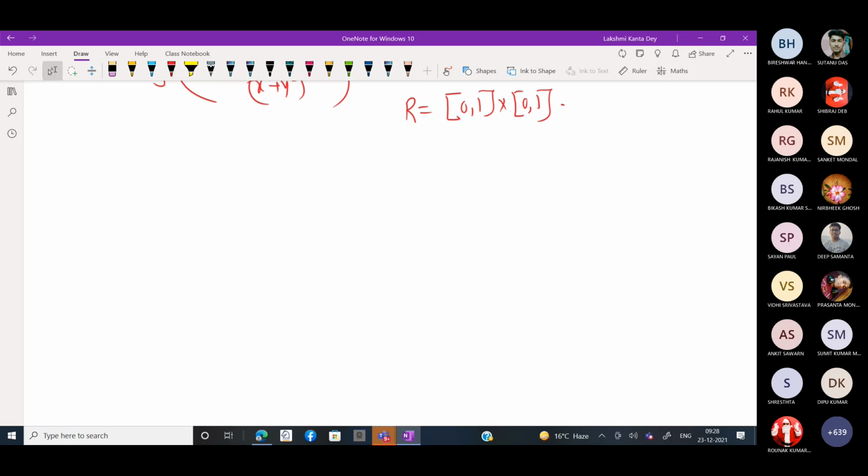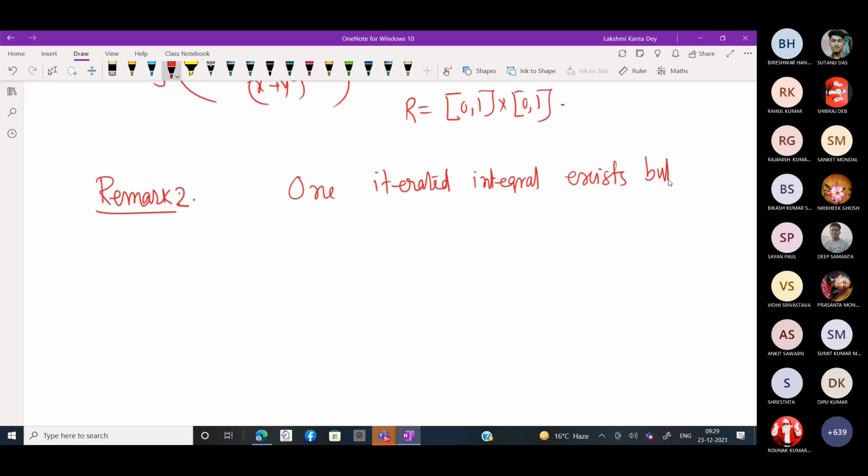Next question is, can it happen? Remark 2. One iterated integral exists, but not the other.